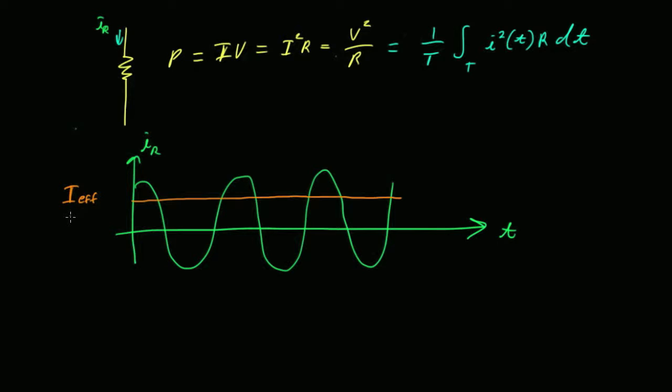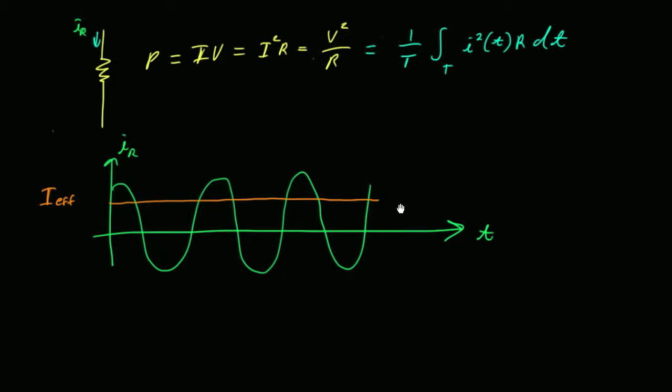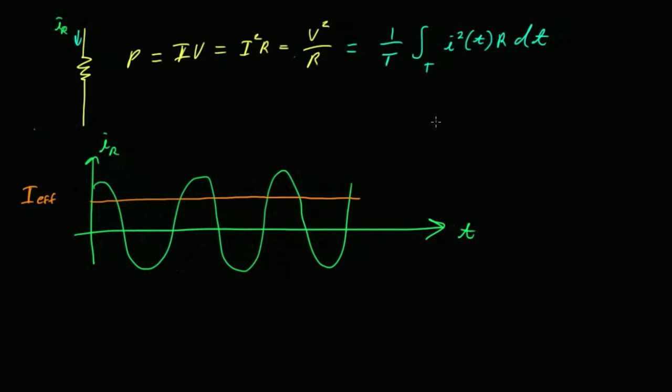If you solve this, you find that your effective current, or your effective voltage if you're doing this with voltage, is, let me write this down because it's hard to talk and integrate at the same time.